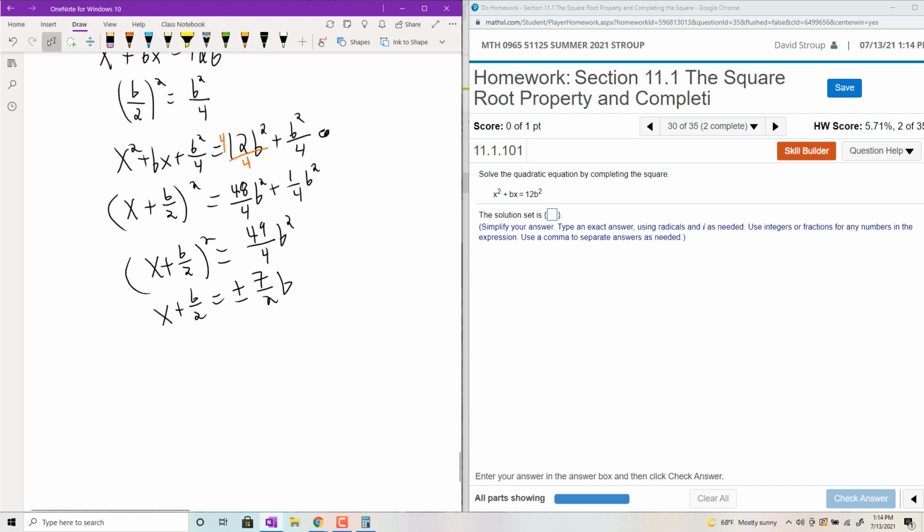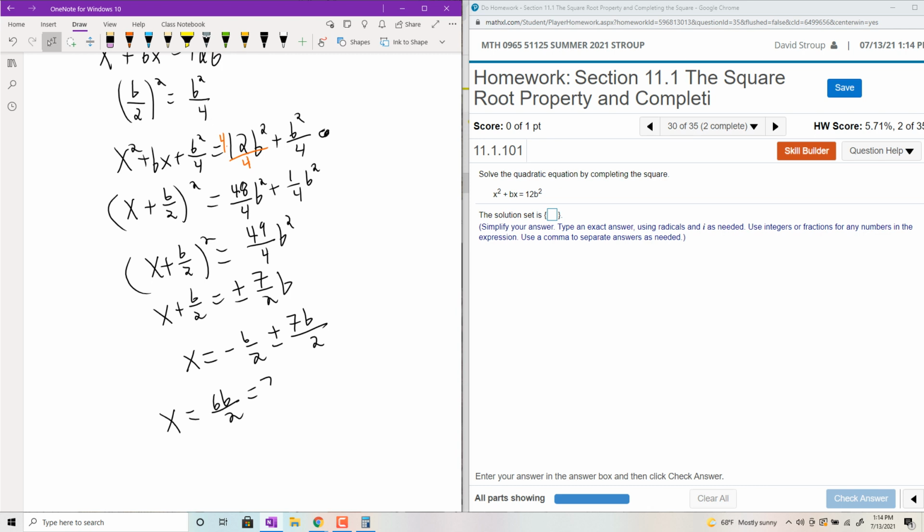Okay, and then we can move the b over 2. So x equals negative b over 2 plus or minus, let's just write it as 7b over 2. And then x is negative b plus 7b is 6b over 2.